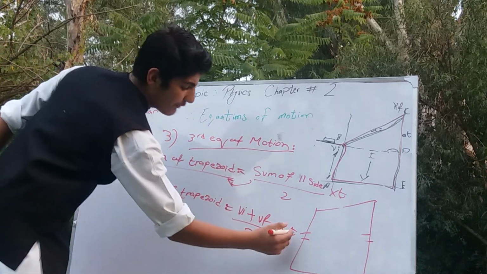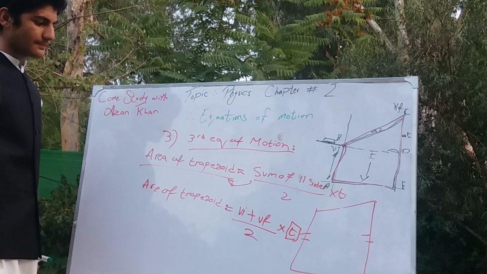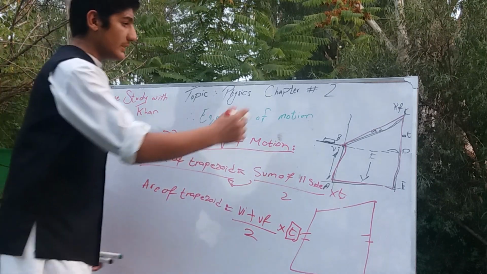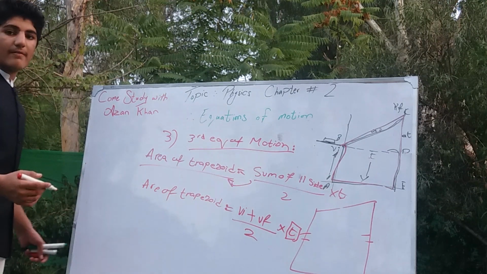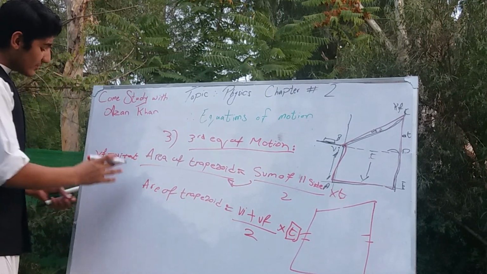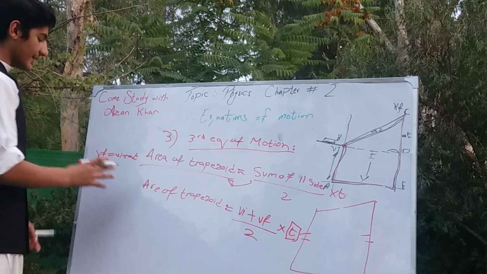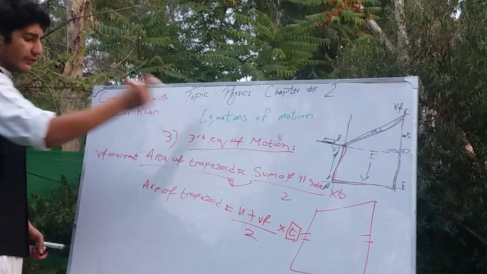Now we have to find this height. What is the height? There is no space, so I will write right here. From the first equation of motion, Vf is equal to Vi plus at, we will now find t.